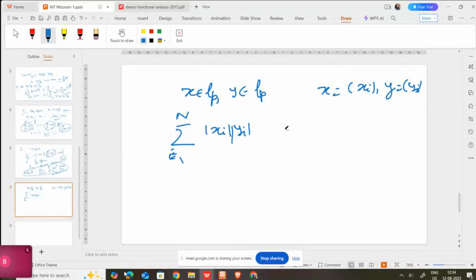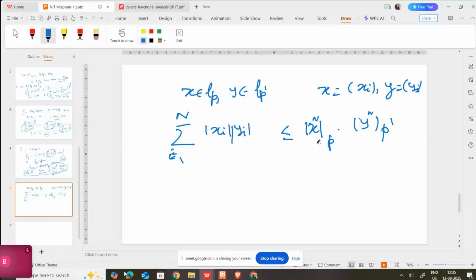Now this will be less than or equal to, by the Hölder inequality which we have done earlier, the norm of x with n, p, into, let me take a p prime, the norm of y with n, p prime.